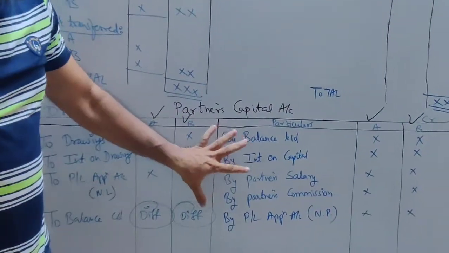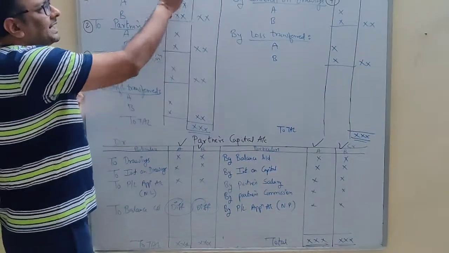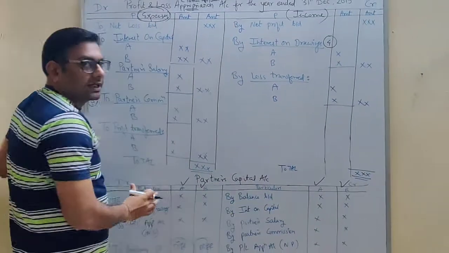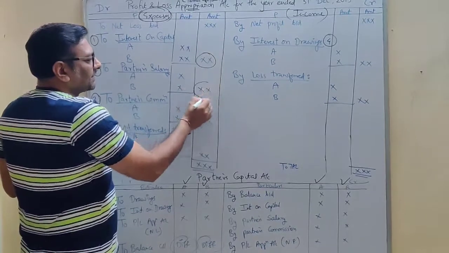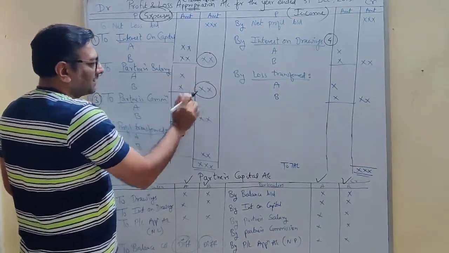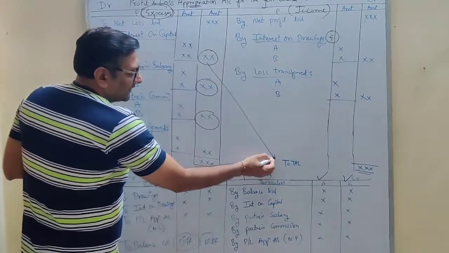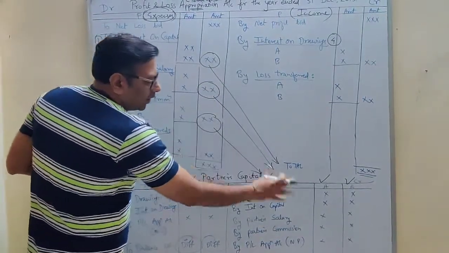So when you are making the partner's capital account, all these entries which you are writing in the appropriation account will be posted here in the capital account. How to remember, students? It's very easy. This is interest on capital. This is partner's salary. This is partner's commission. All entries will go in the partner's capital account on the opposite side.